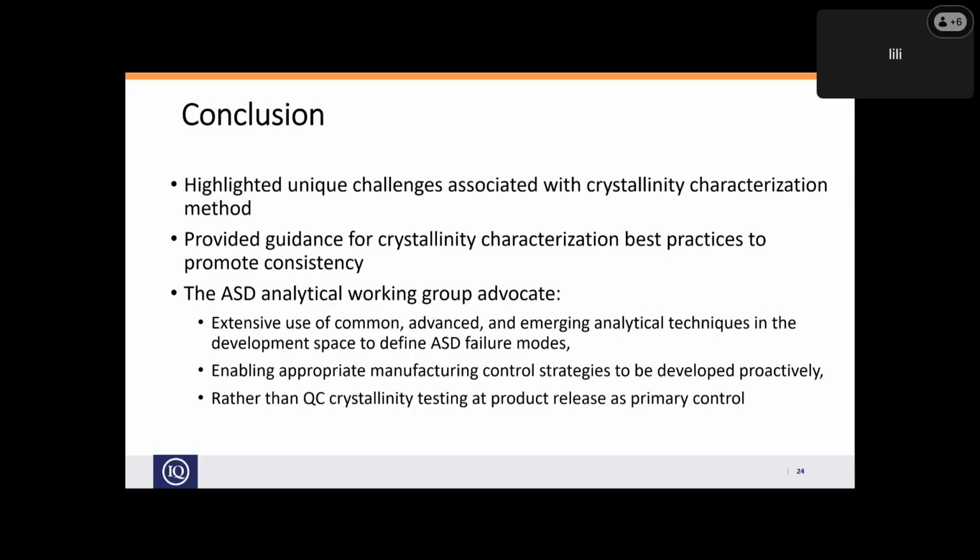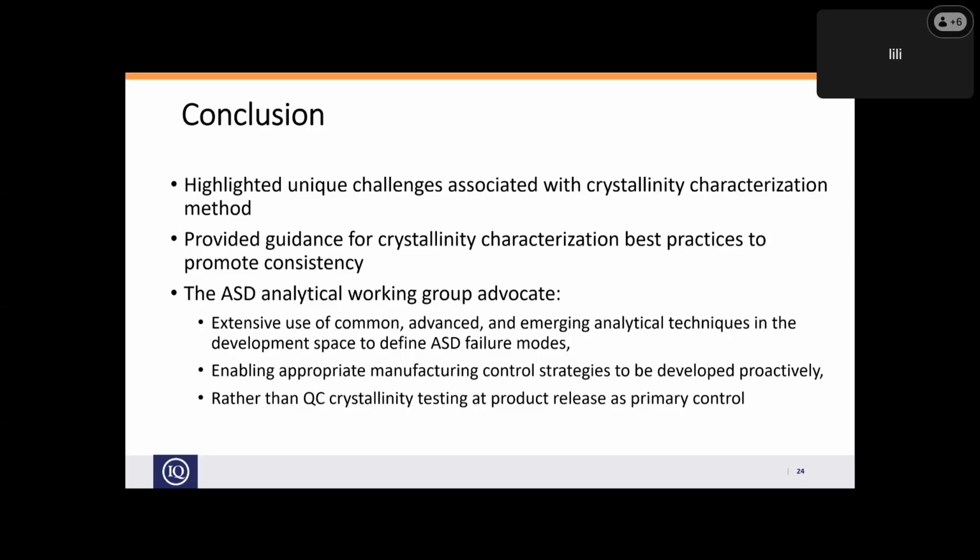Again, just to re-emphasize, we want to apply all common, advanced, and emerging analytical techniques in the development space to define crystallinity failure modes. We also want to emphasize developing appropriate manufacturing, storage, and packaging control strategies to control crystallinity.